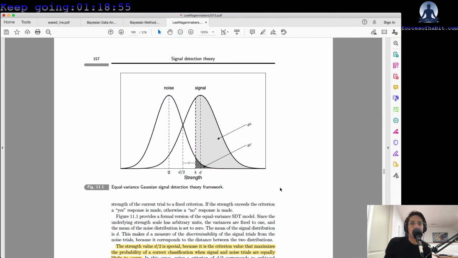So all of which revolve around extracting information from these noise and signal distributions.